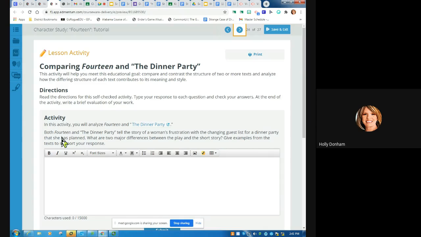But both 14 and the dinner party tell the same story, the woman's frustration with the changing guest list for the dinner party that she planned. What are two major differences between the play and the short story? Give examples from the text to support your response. Notice it says from both texts to support your response, okay?